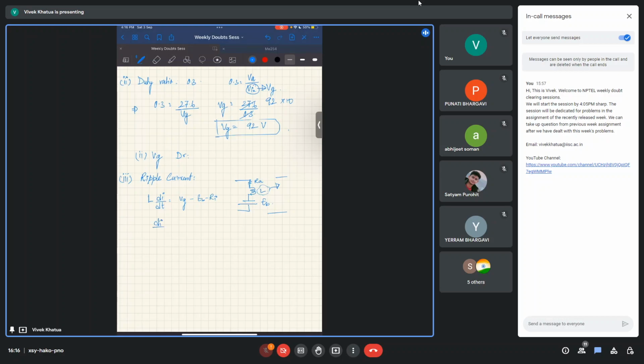So di by dt will be Vg minus EB divided by L.